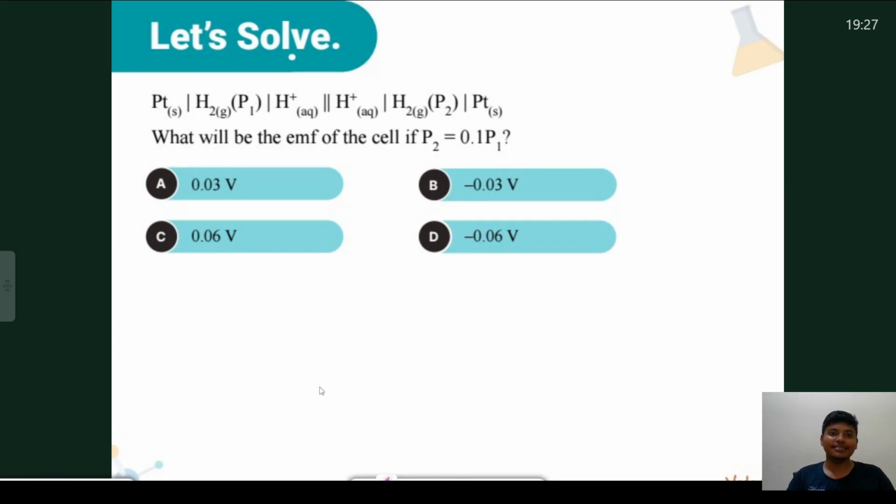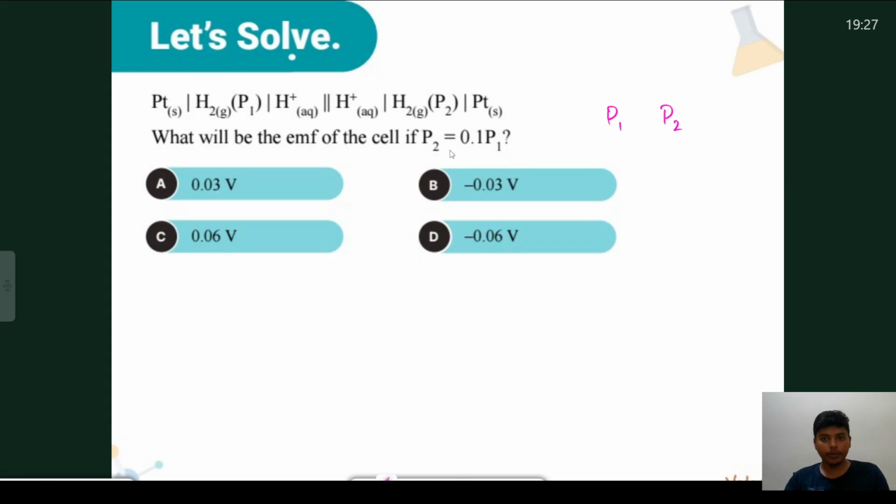Think about it. I'll tell you which one is more. Without a pen, I can solve. Which one is more? P1 is more or P2 is more? P1 is more.